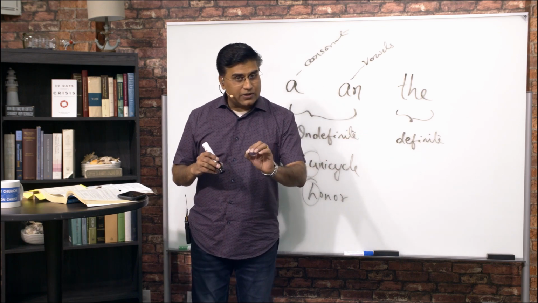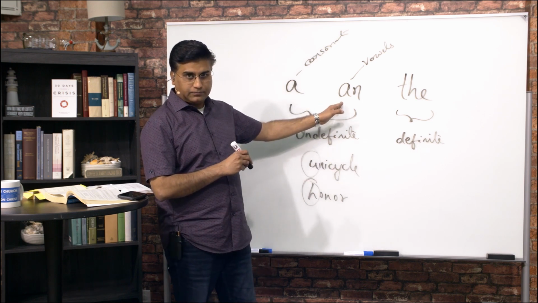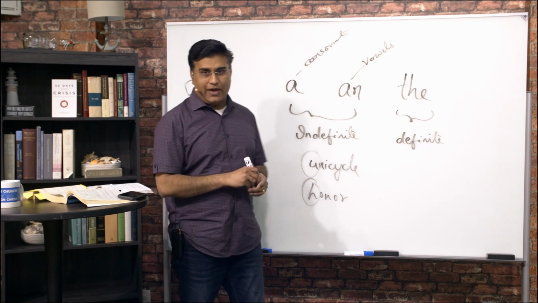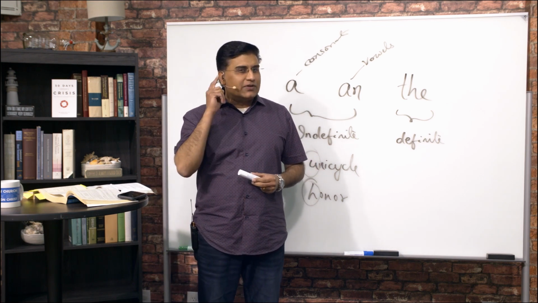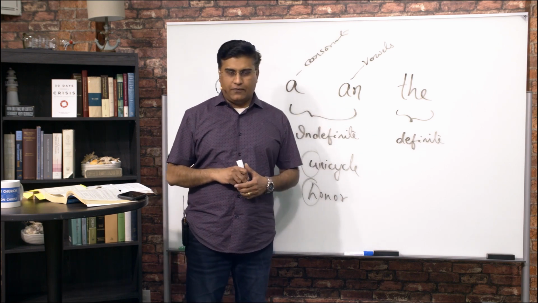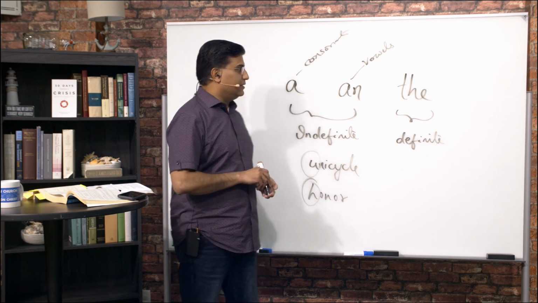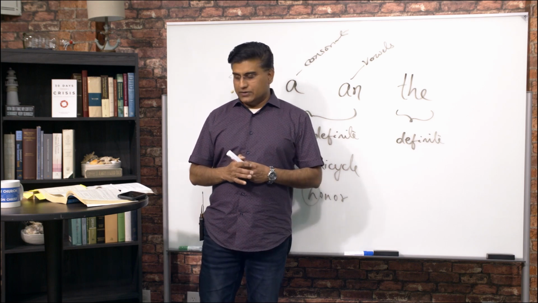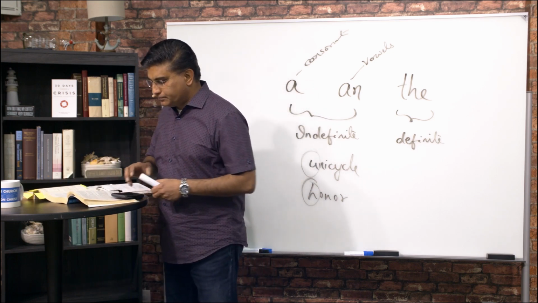If it sounds like a vowel, then it's going to have an. If it sounds like a consonant, then it will have a. This is something extra I just want to put out there for you. So it's about the sound of the word that is being modified. If it's this "you" sound, then it is a unicycle. Those are things that we don't think about.